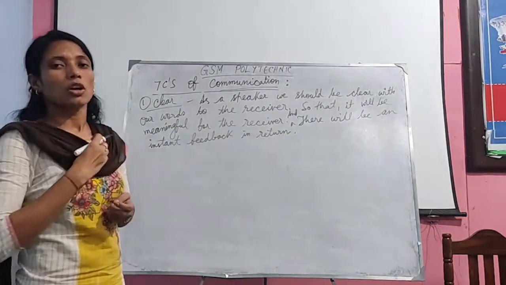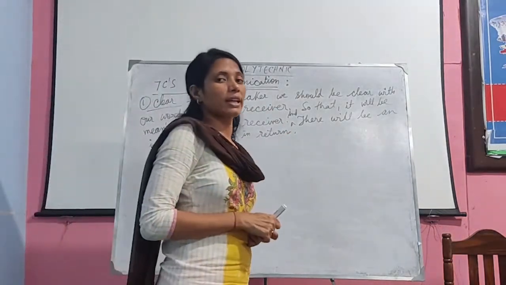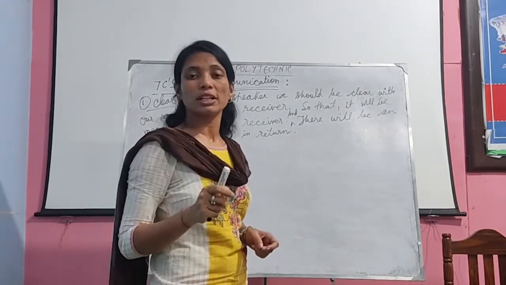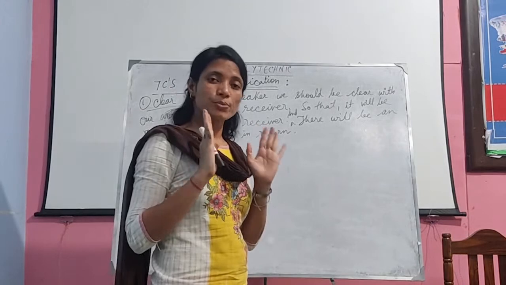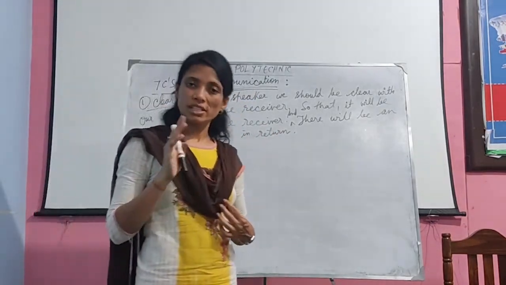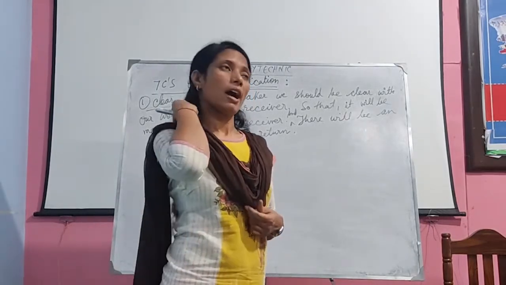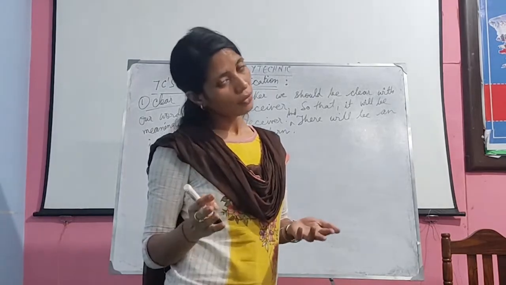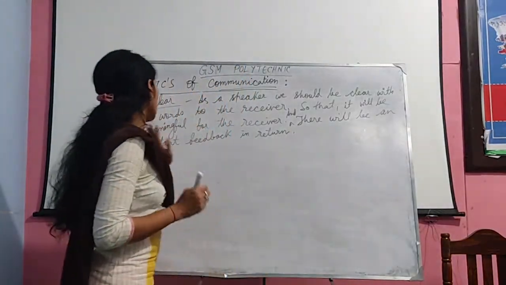Okay? So whenever we speak, we should keep in mind that the receiver must understand what we are speaking. So we have to speak in a clear way, so that the receiver won't have any question in their mind, and they will instantly, soon after realizing what we are speaking, give the feedback. Right? So this is number 1.